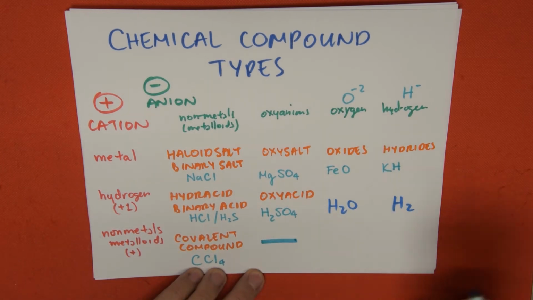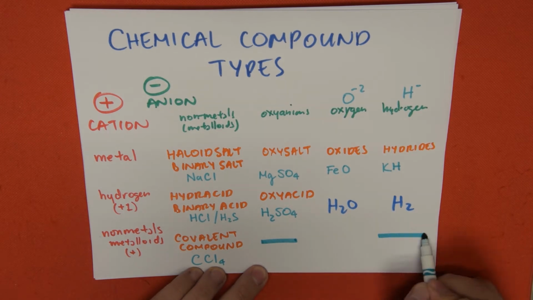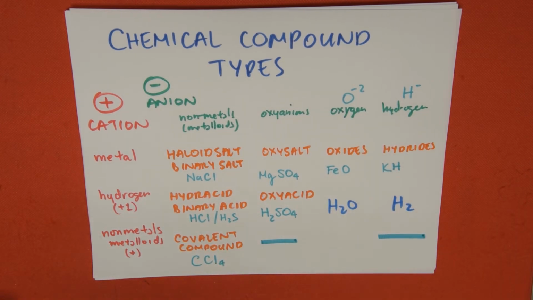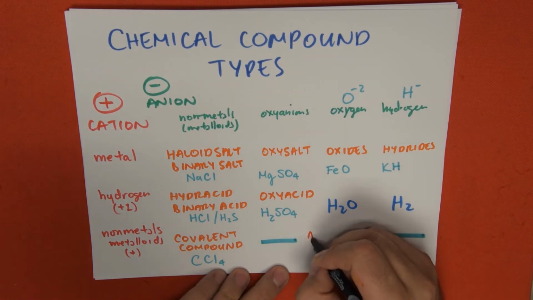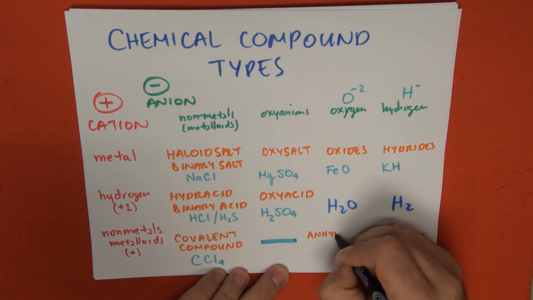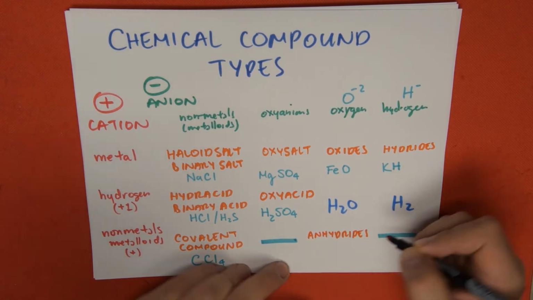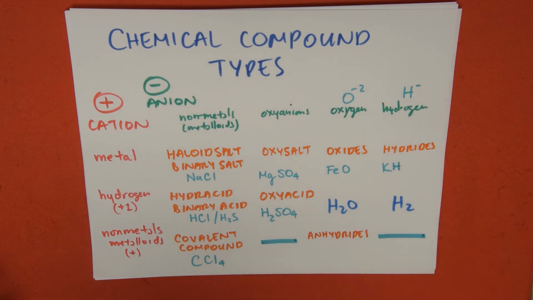So that I don't confuse you anymore, we're not going to do this one. It doesn't apply. Nonmetal with oxyanions, no. And nonmetals with hydrogen, we're not going to talk about that right now. It's not relevant to the subject. But what is relevant is when we have a nonmetal cation with oxygen, we get something called anhydrides, which are essentially non-metallic oxides.